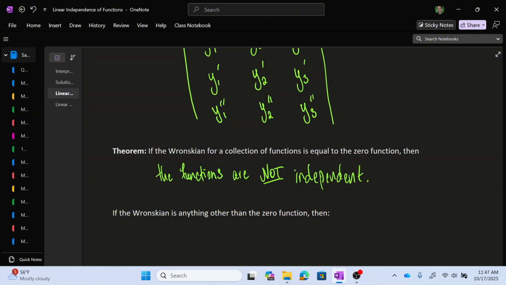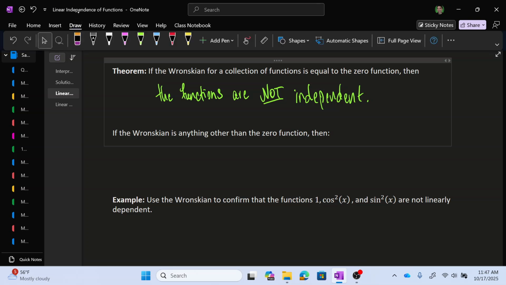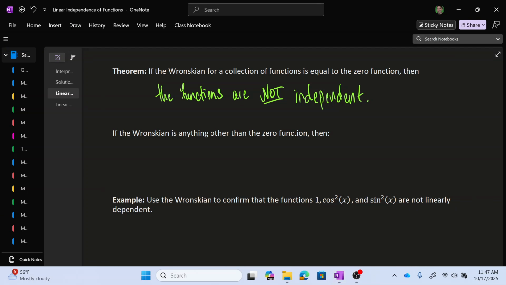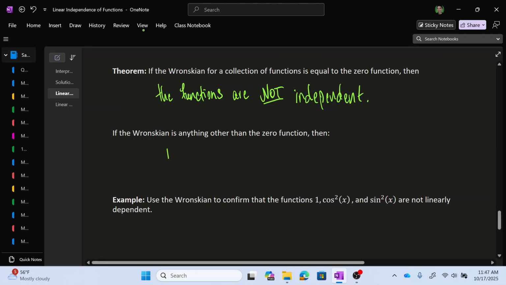If your Wronskian equals 0, then somewhere in your collection is a function that is redundant and a function that can be created by combining the others in that collection. By contrast, if you calculate your Wronskian and it's anything other than exactly 0, then you can rest assured that your collection of functions has no redundancy in it. Your collection of functions is independent in this case.